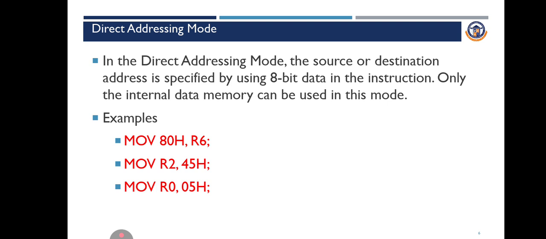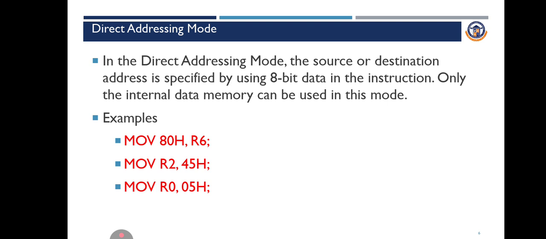Take MOV 80H, R6. When you execute this instruction, the content which is stored in R6 will directly move to 80H. The 80H is the 8-bit address. So the content of R6 will move to 80H.